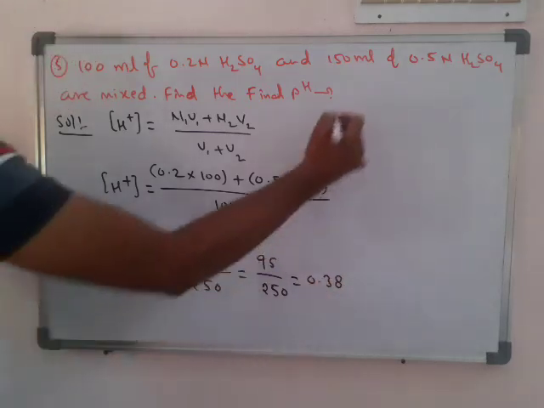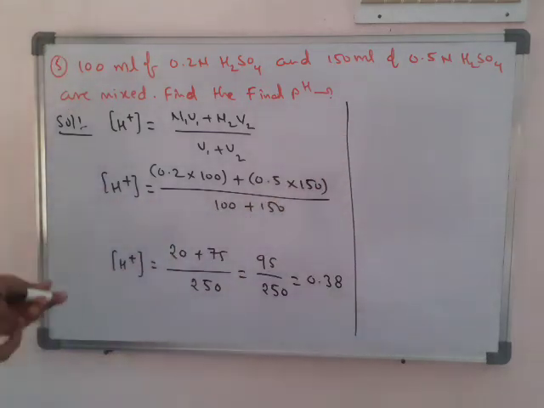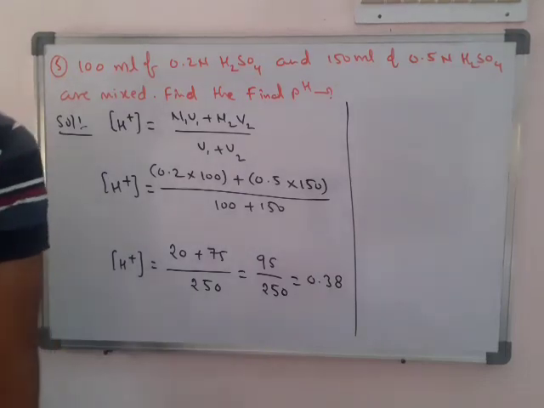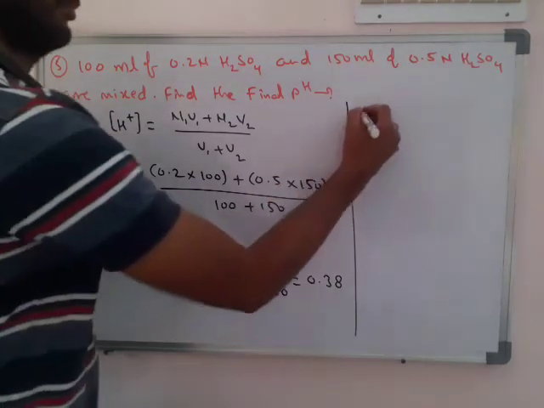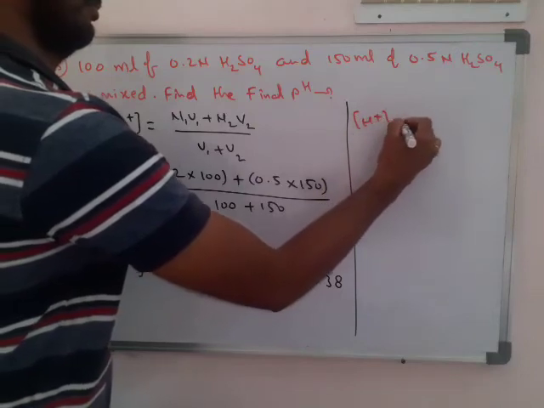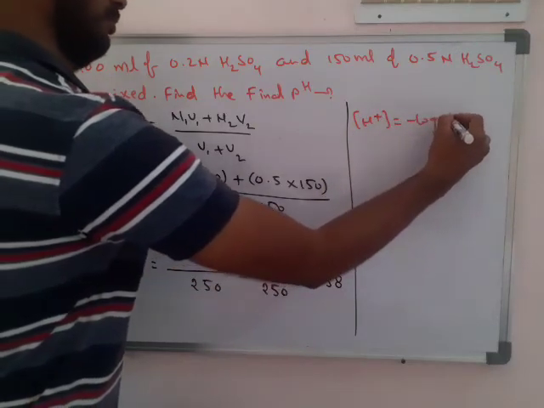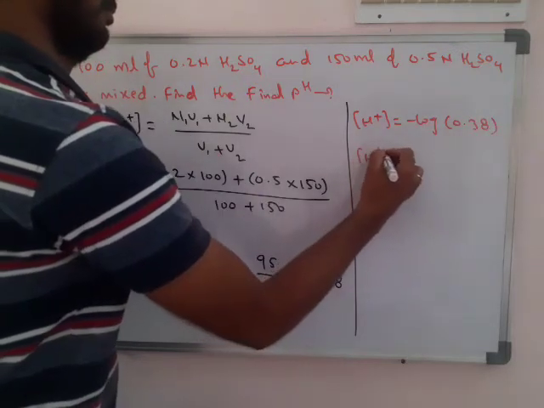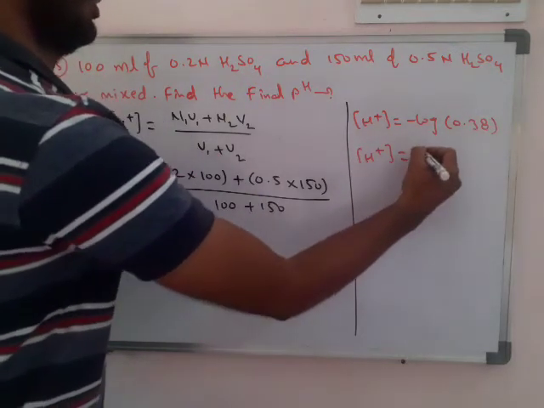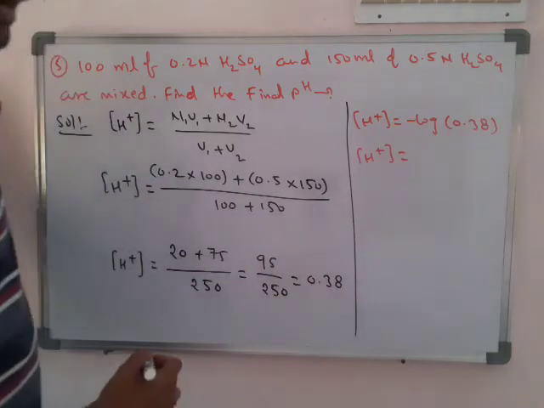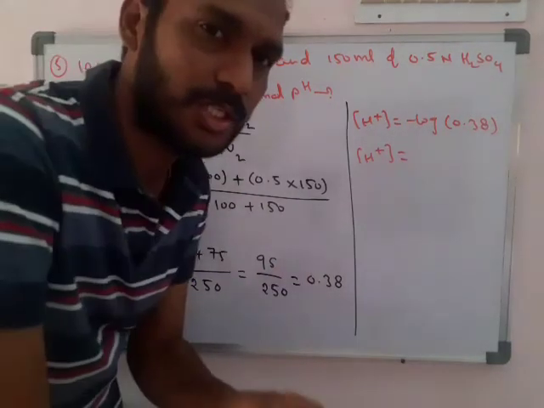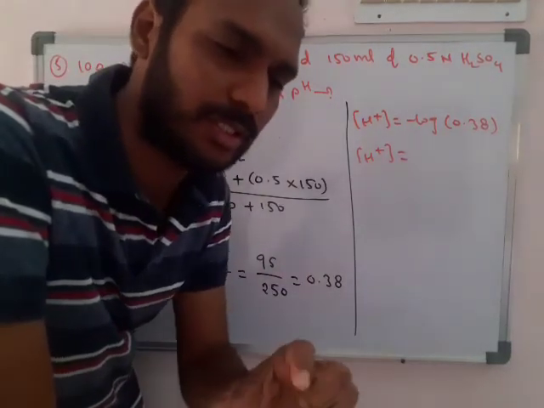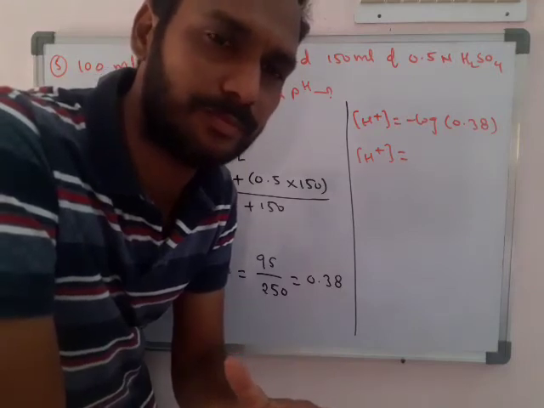So the H plus equals 0.38 we got. Fine, substitute in pH: the logarithm of 0.38. We already know this type of logarithm values.